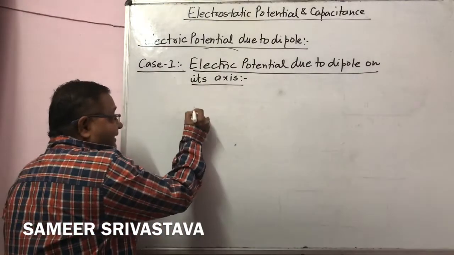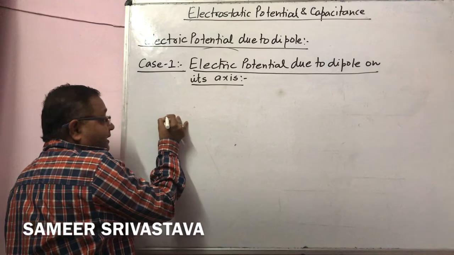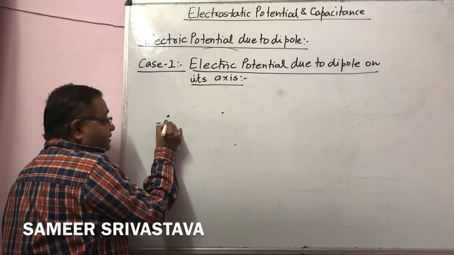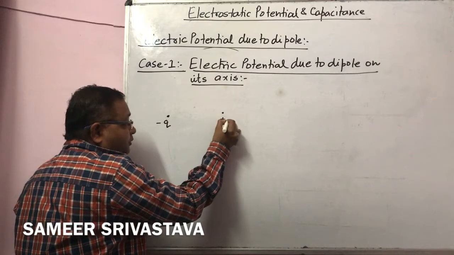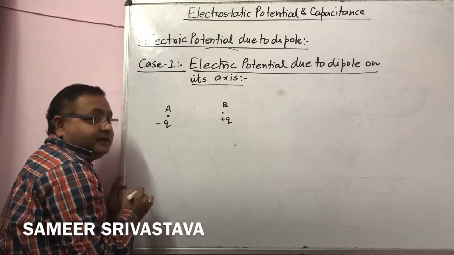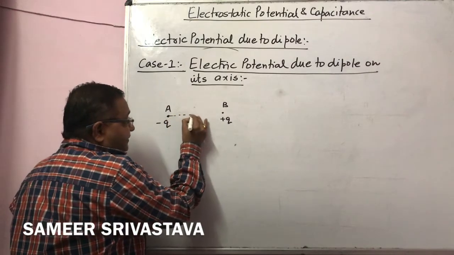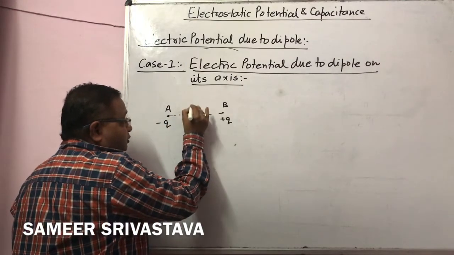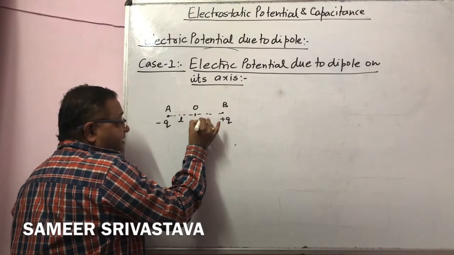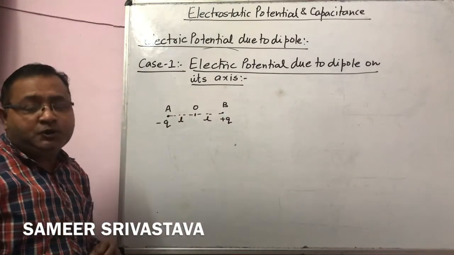Now, if we make a diagram according to this concept, this is our dipole having charges minus q and plus q. Let this point be A and this point be B. Now, the separation between this dipole is assumed as 2l, and if this is the center of dipole, this distance will be l and this is also l.